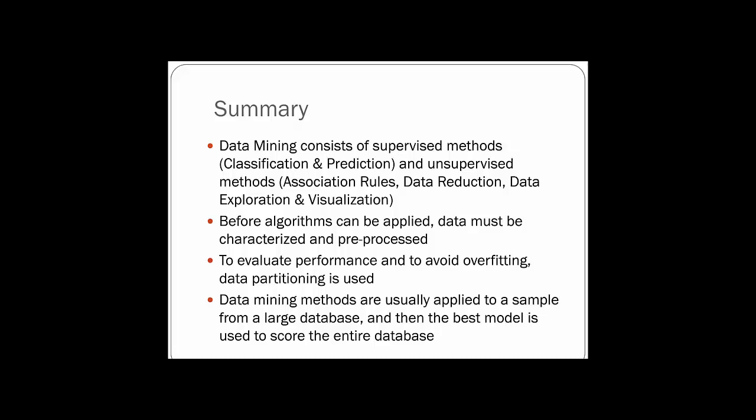And so then finally, we're going to use the models that we come up with that have the best performance on the validation data set, and then use that to score or make predictions for newly obtained data, and make decisions based on that.